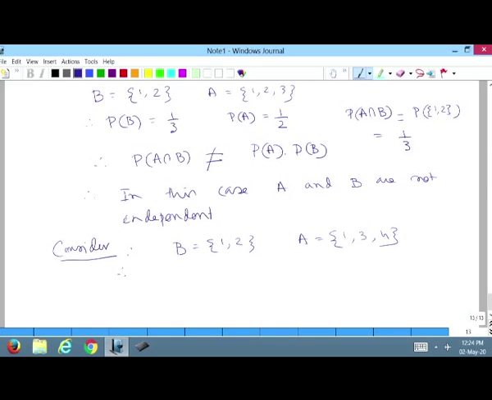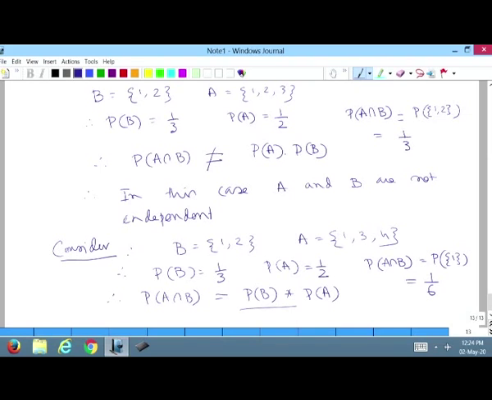Therefore, probability of B as before is 1/3, probability of A is equal to half, and probability of A intersection B is equal to probability of singleton {1}, which is equal to 1 by 6. Therefore, probability of A intersection B is equal to probability of B into probability of A.